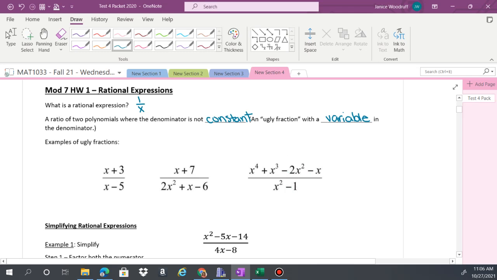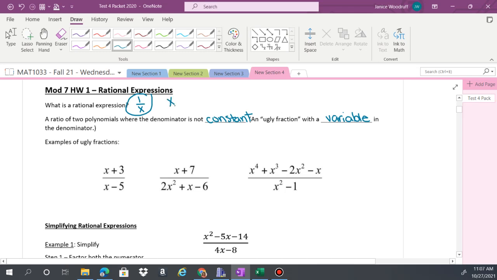One thing about these rational expressions, which we are probably going to get to when we get to multiplying and dividing, or solving them, is that they're going to have restrictions on them. Because what can you not divide by? You cannot divide by 0.